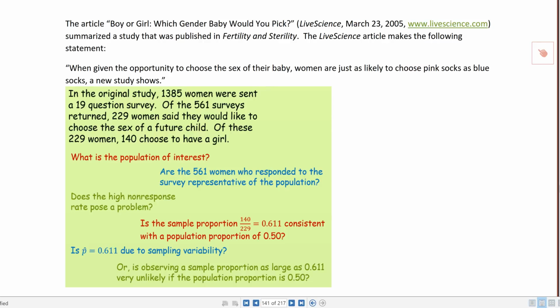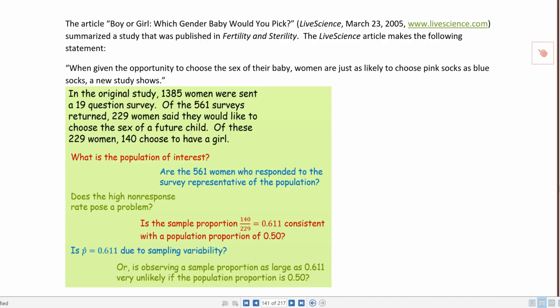So first we think about what is the population of interest. Are the 561 women who responded to the survey representative of that population? Okay, so the population of interest would be women, right? Who may be pregnant women, and is this a representative sample of the population?